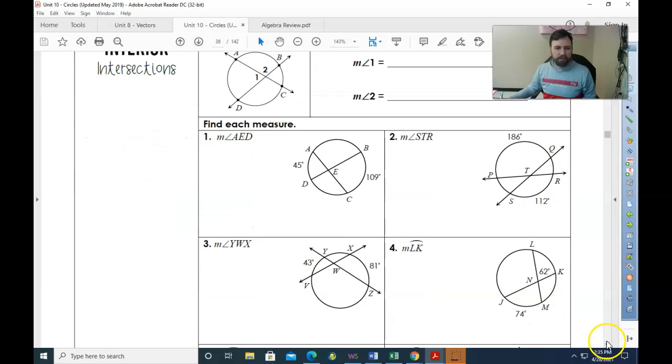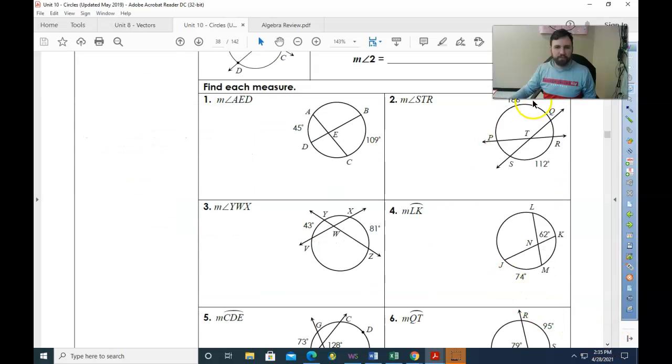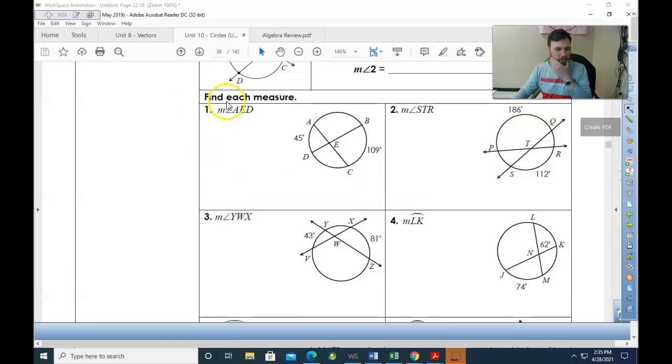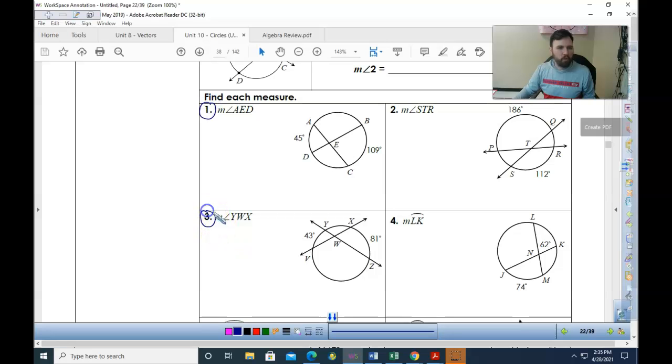All right, let's see that in actual action. Let's do two of them. I'll do another one in class. So I'm going to do 1 and 3 right now. Number 1, we're looking for angle AED. So that angle right there.